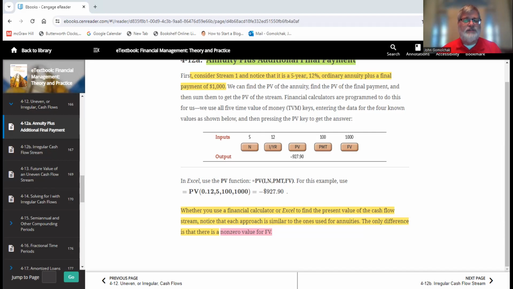So it shows the 927.90, if we'd made this a negative number like it should have been. Oh, it doesn't like that, does it? I bet you this has to be a negative number too. 927.90. Okay, and that's the value of the bond.